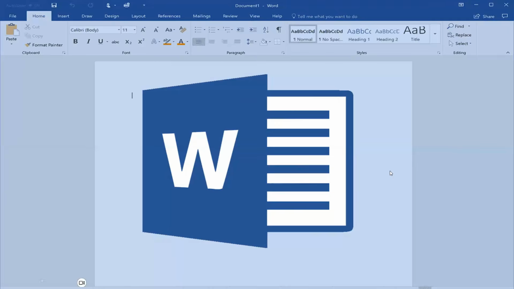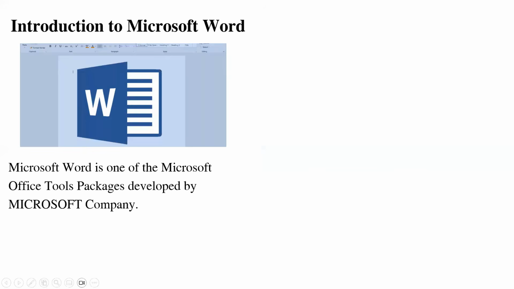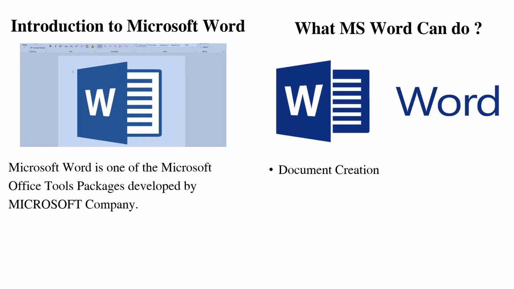So I just wrote something brief: Microsoft Word is just one of the office tool packages developed by Microsoft company. But let's see what Microsoft Word can do. One thing is document creation. We can use it to create documents, and these documents can be anything.